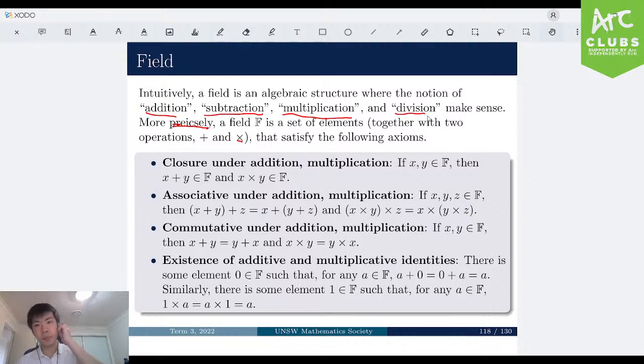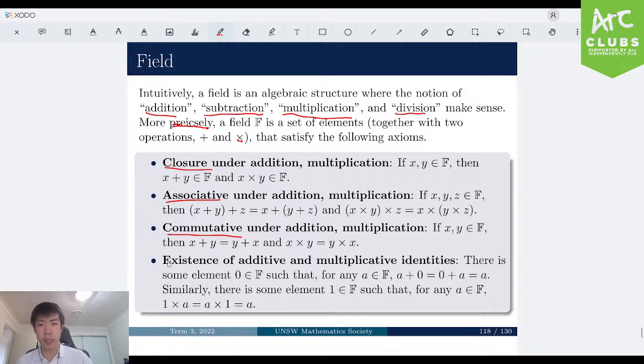All right. So we have closure under addition and multiplication. That means if we take two elements from the field F, adding the two elements will also return another element from the field F, and multiplying the elements together will also return another element within the field F. We have associativity and commutativity, so we've done these already.